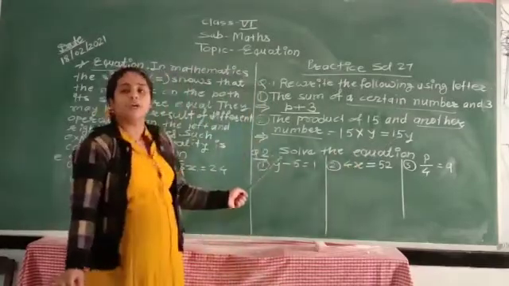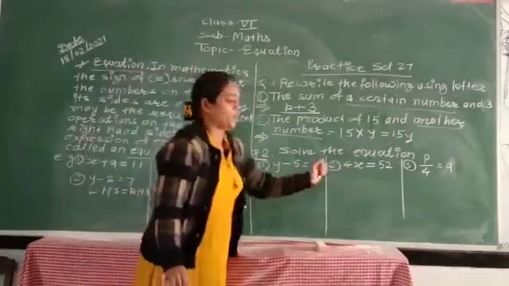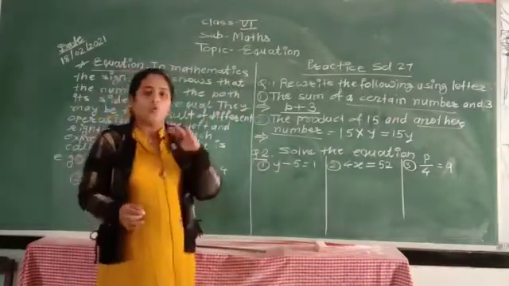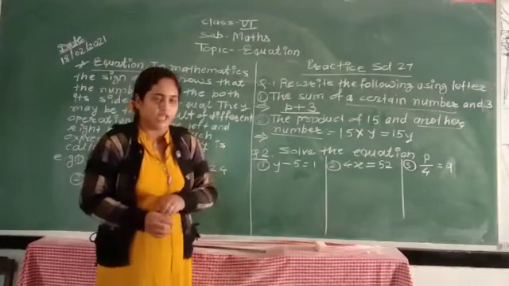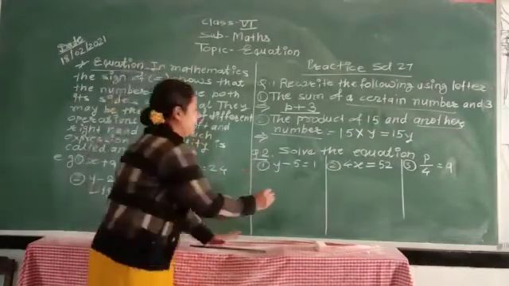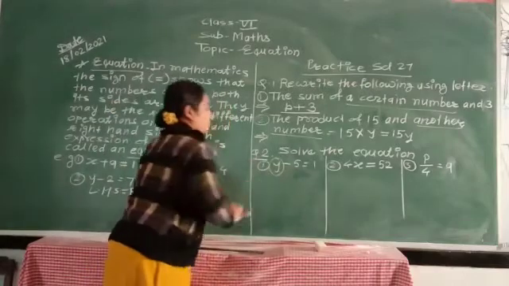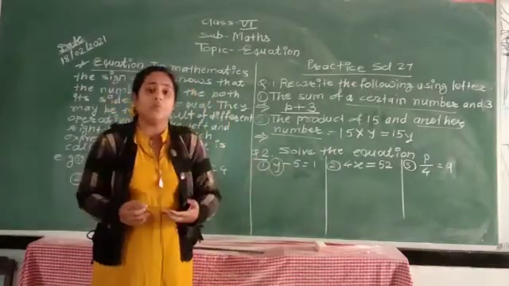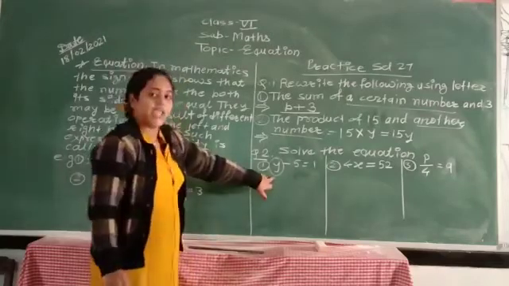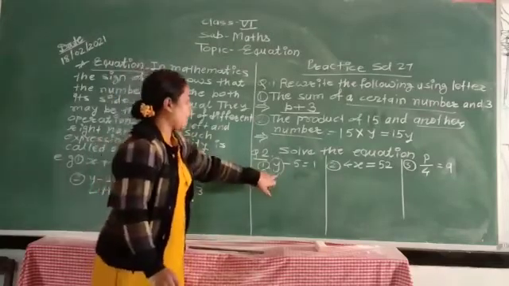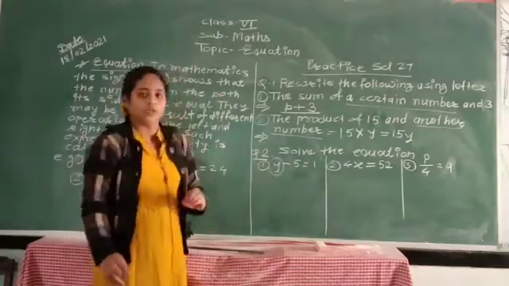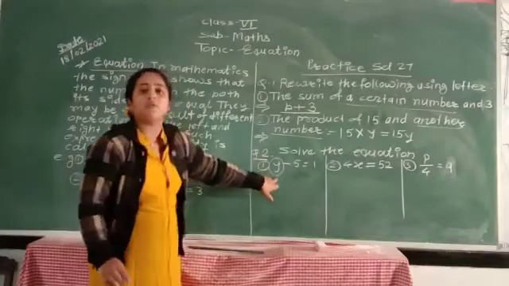Now, question number 2 is: solve the equation. First of all, what is the meaning of solution of the equation? Solution of the equation means we have to find the value of y, or the value of the variable in that expression. Here is the equation y minus 5 is equal to 1, and we have to find the value of y.